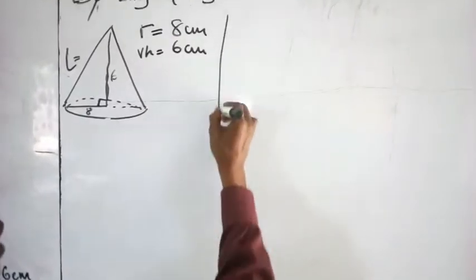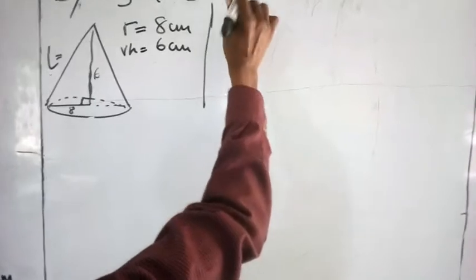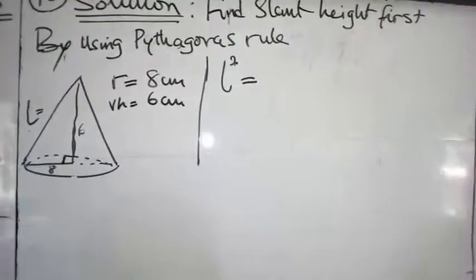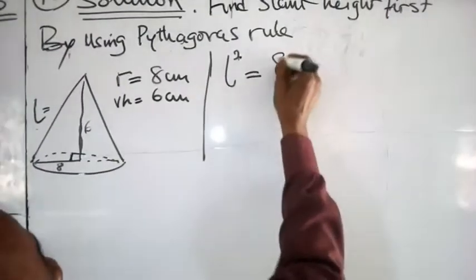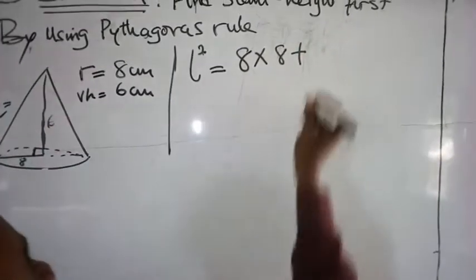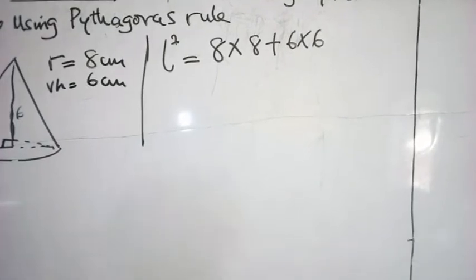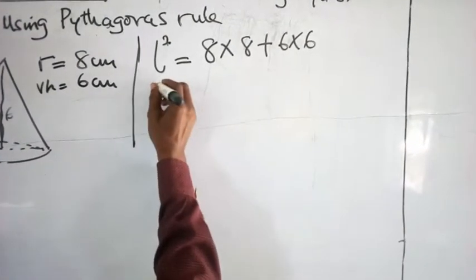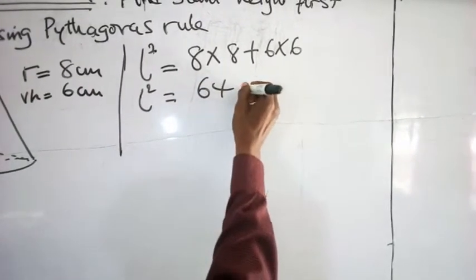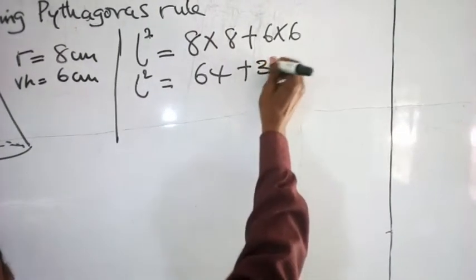So we can now say slant height raised to power 2, by Pythagoras, is equal to 8 times 8 plus 6 times 6. We have to speed up because you know this already. 64 plus 6 times 6 is 36.